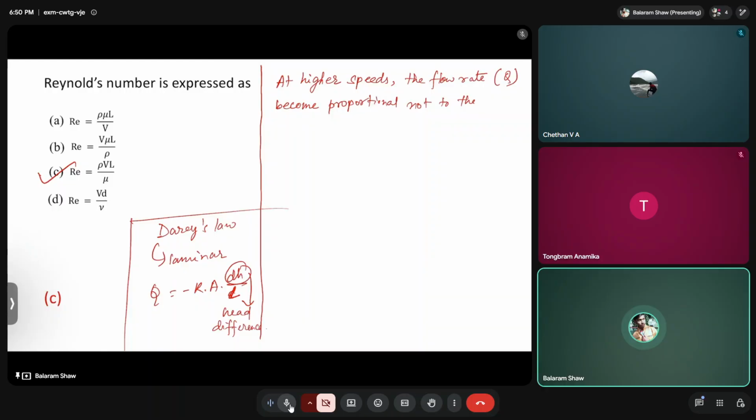So here we see that Q is proportional to the head difference, whereas this is only applicable for laminar flow. If there is higher speed, that is turbulence is there, then the flow rate will become proportional, but not to the head difference, but to the square root of head difference.